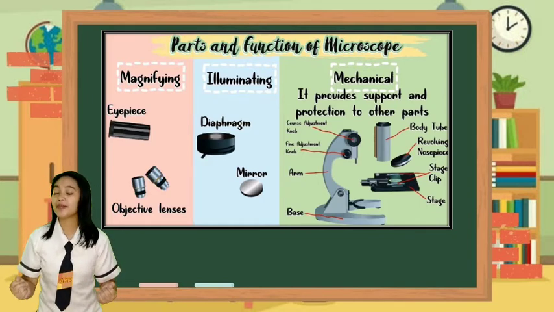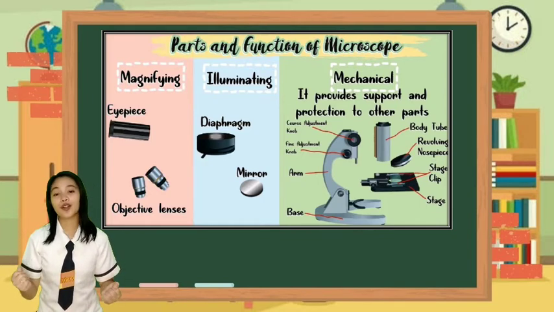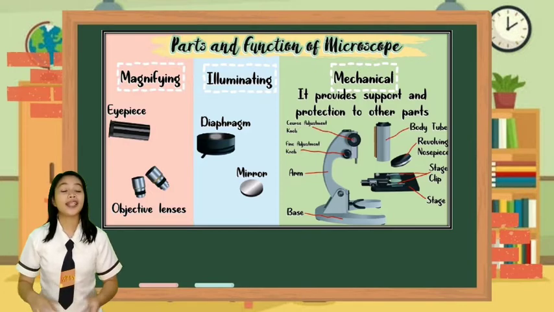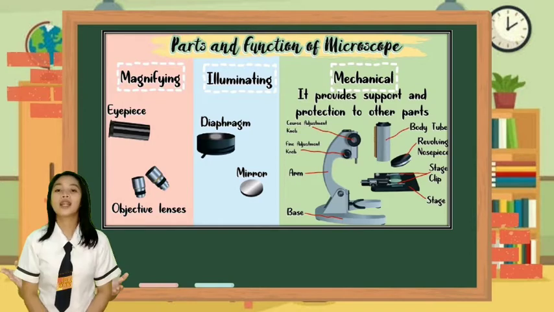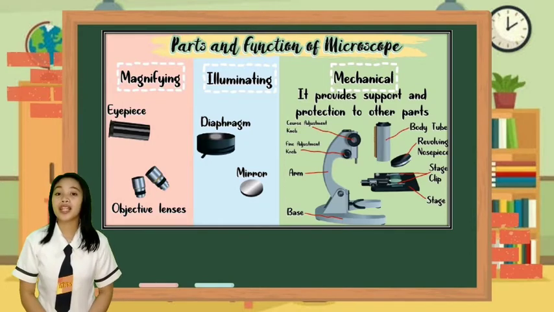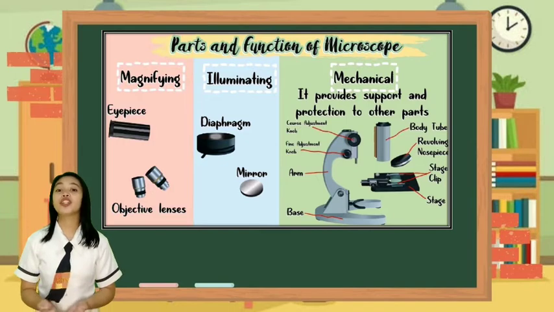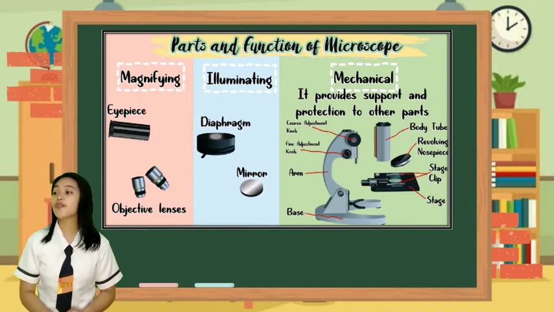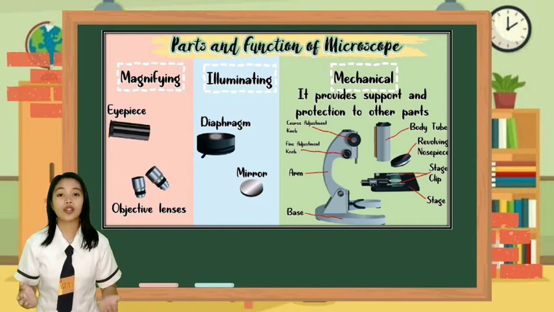The magnifying parts of a microscope include the objective lenses and the eyepiece. The illuminating parts, which provide and manage the light source in order to clearly see the image of an object, include the diaphragm and the mirror.